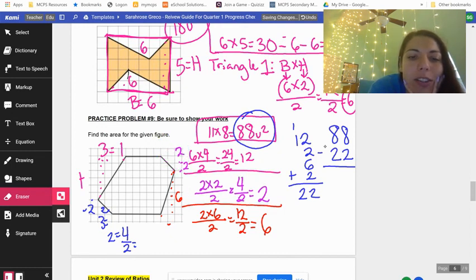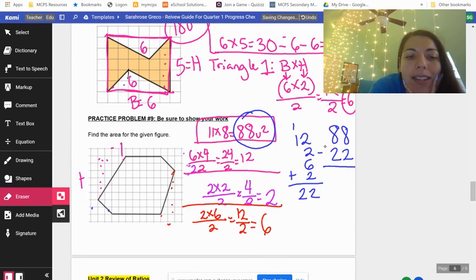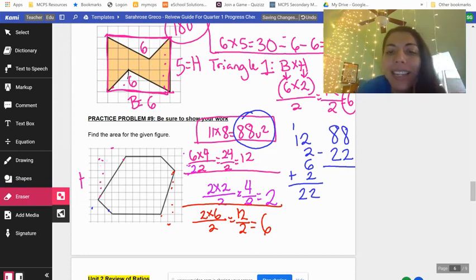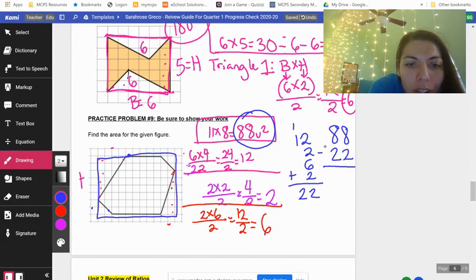But now we just have to pretend we didn't do all that. Remember, we enclosed this shape inside of a rectangle because that was easy for us to find the area. When you turn it into a rectangle, it's very easy to get the area.